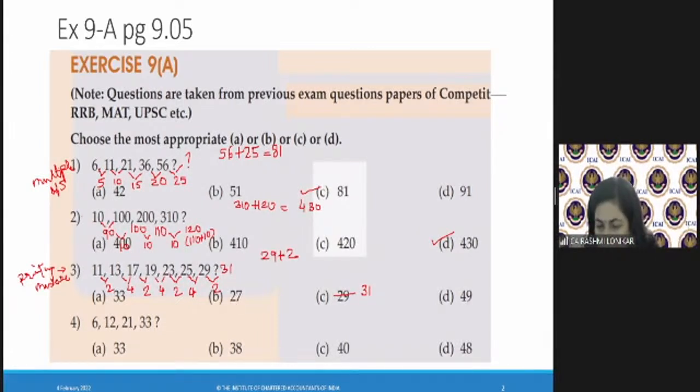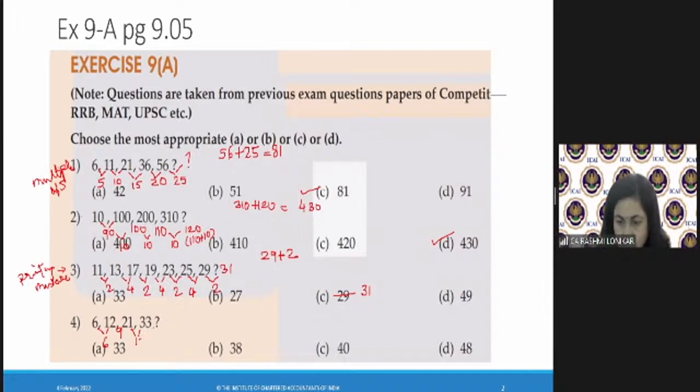Okay. Now let us go to the next sum. Fourth sum. What is the difference? 12 minus 6, 6. 21 minus 12, 9. 33 minus 21 is how much? 33 minus 21 is 12.